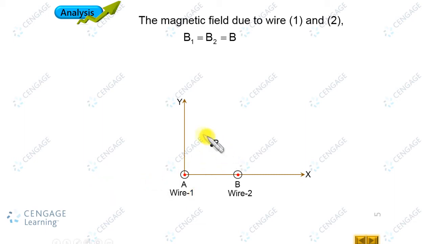So here we can say the magnetic field line passing through point P will be in the anti-clockwise direction, right? This circle. If we join this point from A like this and draw the perpendicular, that will be the tangent at this point, that will represent the direction of the magnetic field at point P due to wire 1.